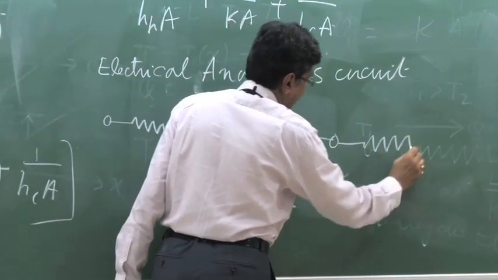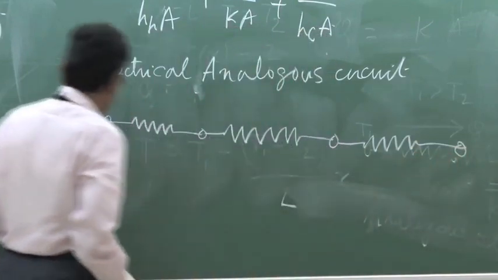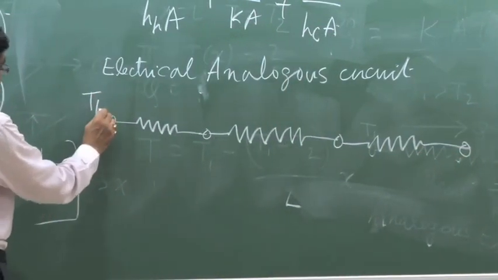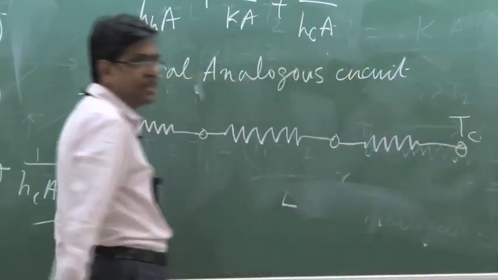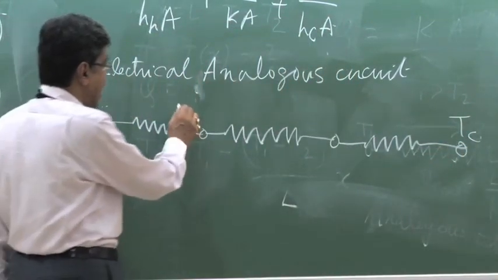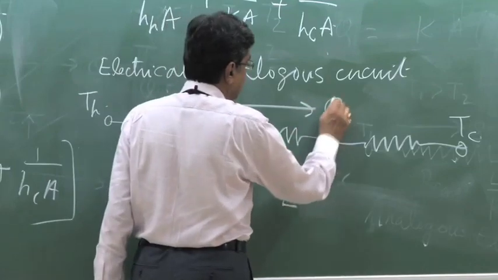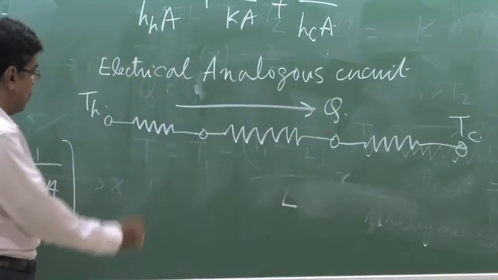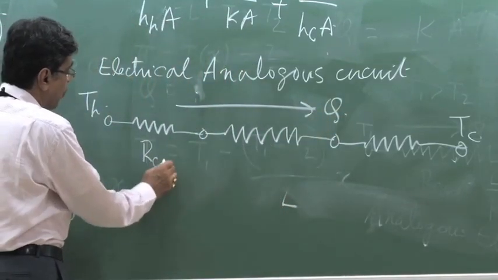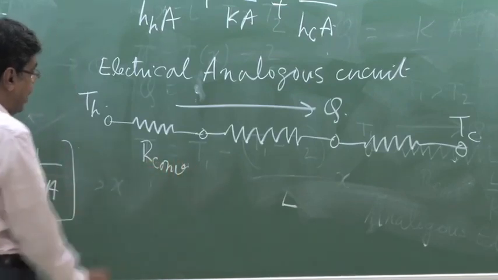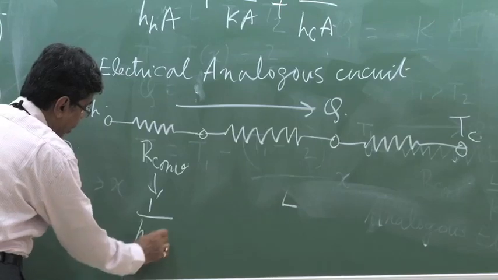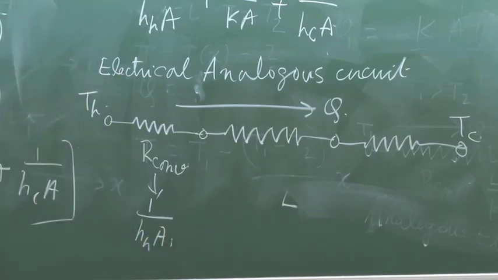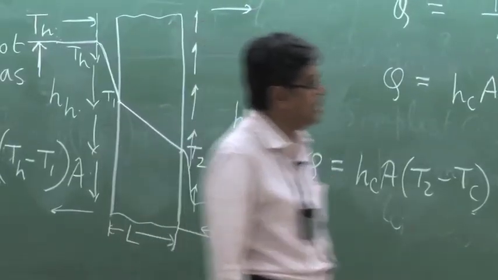There are three resistances in series and the extreme potentials are Th and Tc, hot gas temperature and cold gas temperature, and the same heat. That means it is a series resistance problem. This is the convection resistance, R conv, which is equal to 1 by HHA. Obviously, the heat transfer coefficient is like conductance, so the reciprocal of it is the resistance.